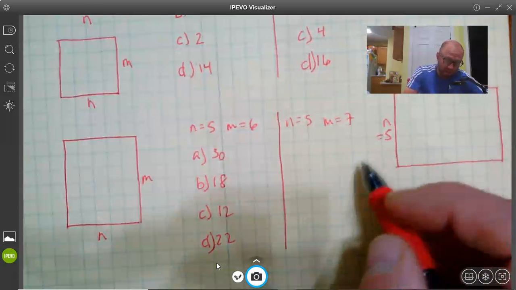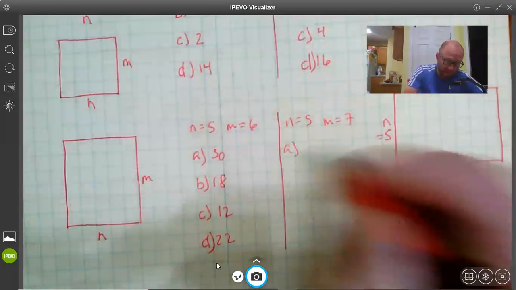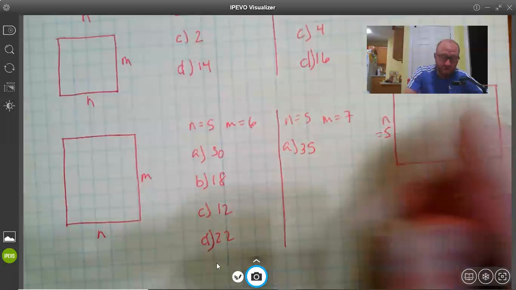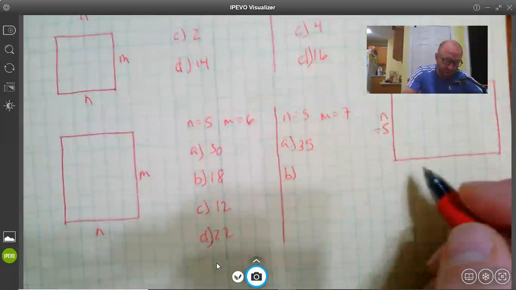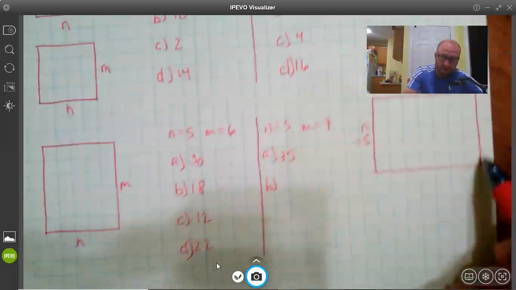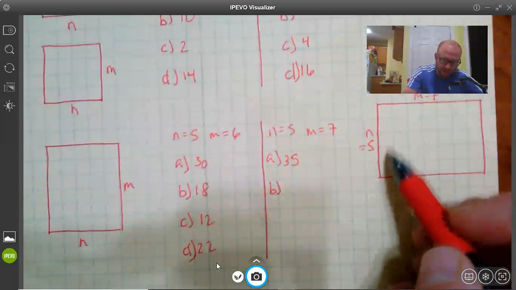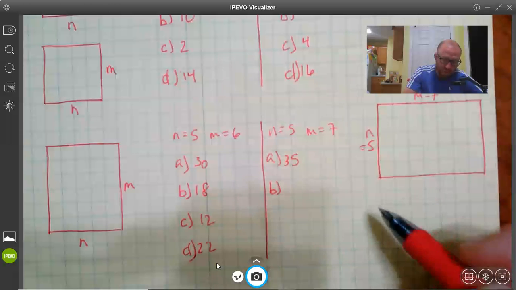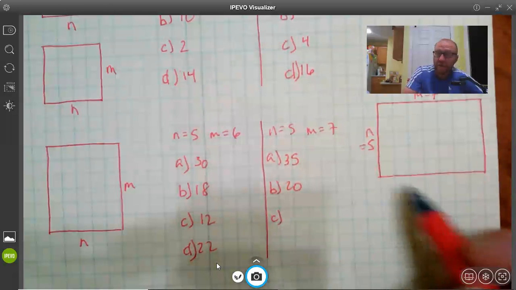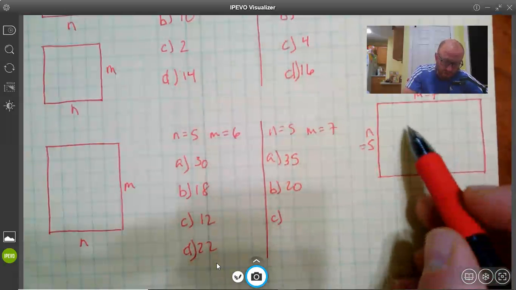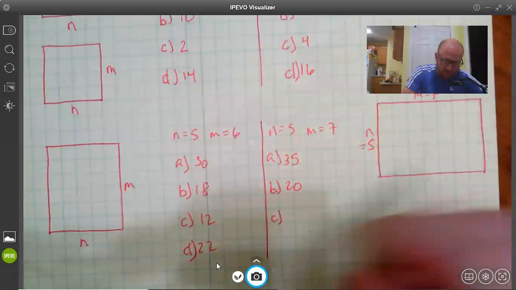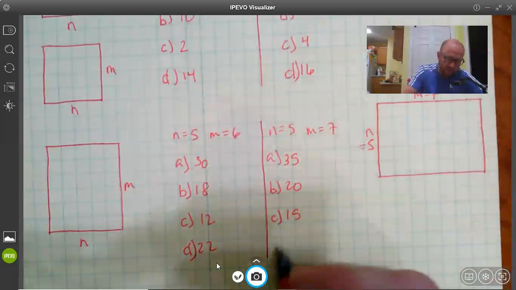For A, the total number of boxes, 5 times 7 is 35. For B, there's 7 and another 7 down here, that's 14, and then 6 more, so it's 20 total that are not totally surrounded. And then in the middle, there are 15 that are totally surrounded.